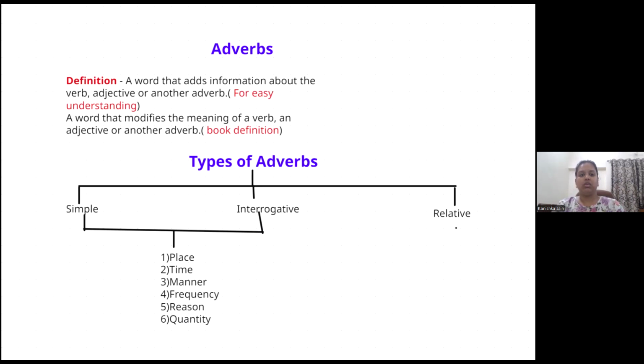Similarly is time. When we are going to adverb interrogative time, we have to just memorize. Don't take any kind of load. Just memorize when. When is the interrogative adverb of time. That's all you have to memorize. Then simple adverb of time: whatever answers when in an abstract and vague manner is a simple adverb of time. When is your paper going to be? My paper is going to be tomorrow.